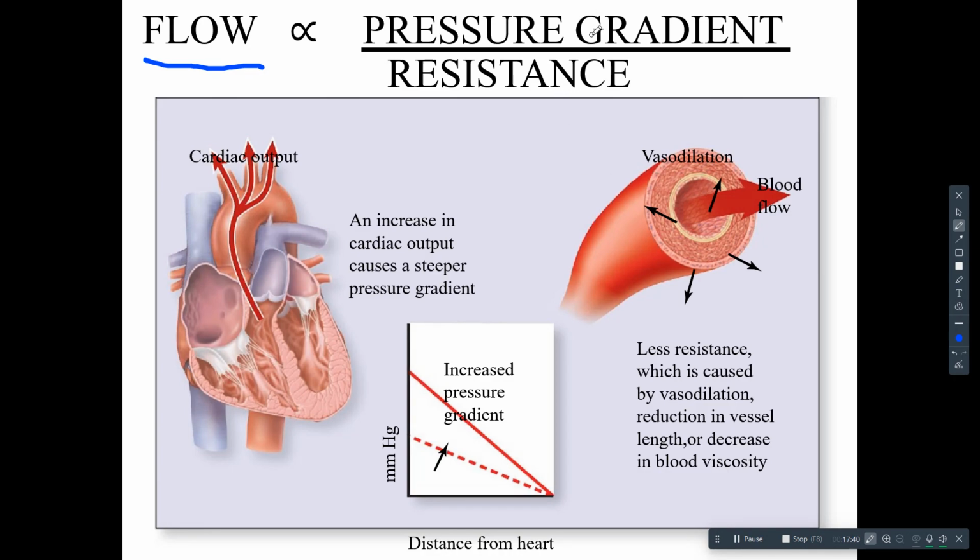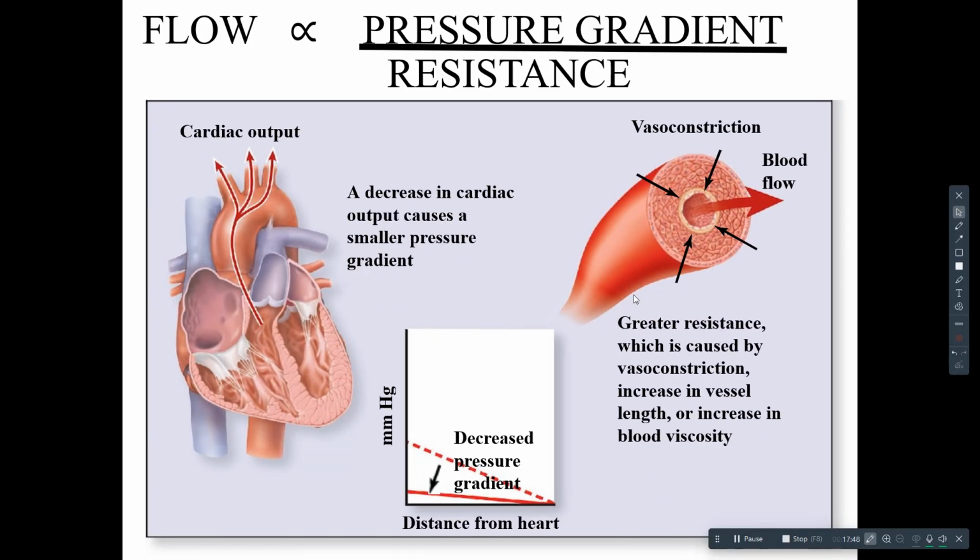So with a bigger gradient and lower resistance, I will get more blood flow. Similarly, if I want a decrease in blood flow, I'm going to lower my pressure gradient by lowering cardiac output and increase my resistance by doing some vasoconstriction.